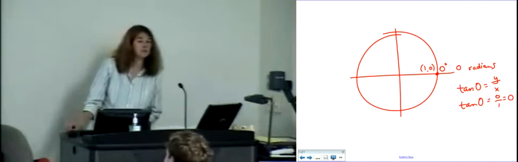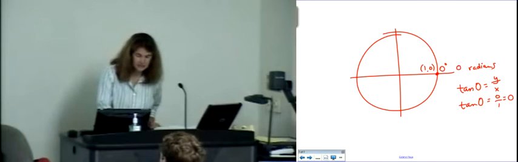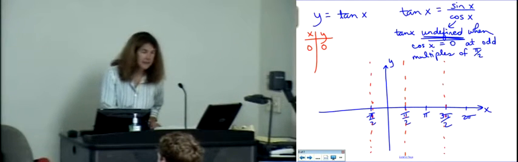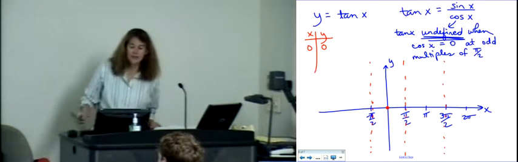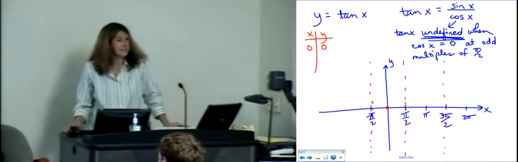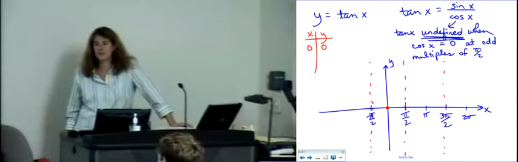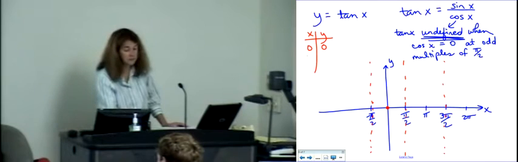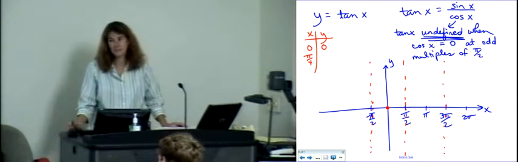Remember 0 in the numerator is 0, 0 in the denominator is undefined. So that's how we're getting this here. If I put in 0 for x, I get 0 out for y. So that would give me this point right here. Now, if I'm choosing points, this is where it may get a little tougher. Between 0 and pi halves, what might I choose? Pi fourths is a good candidate there. So let's put in pi fourths for x. The tangent of pi fourths is?